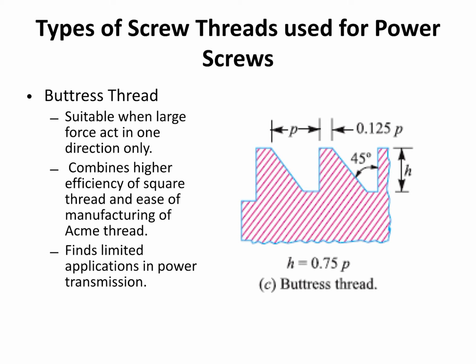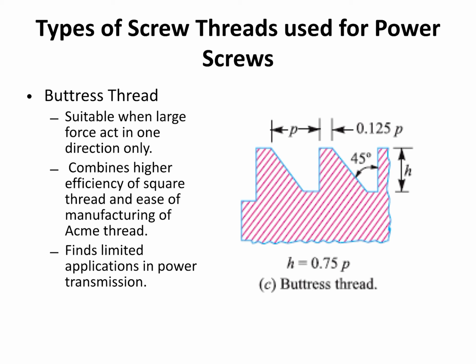It combines the higher efficiency of the square thread and the ease of manufacturing of the Acme thread. So it has a comparatively higher efficiency than the Acme thread, and it can be manufactured with the help of dies. So we can say it has the goods of both the square thread and the Acme thread.